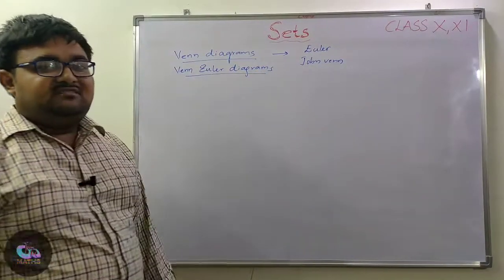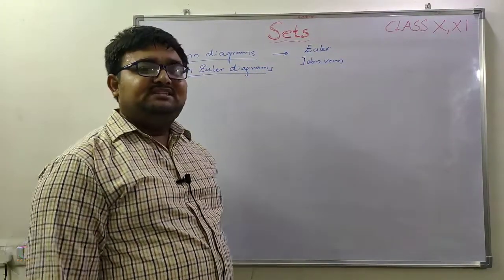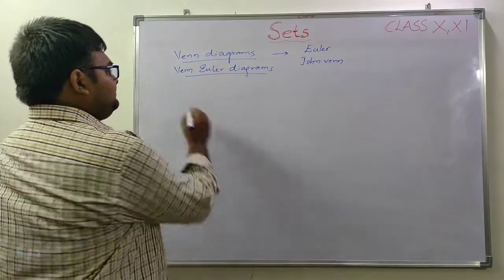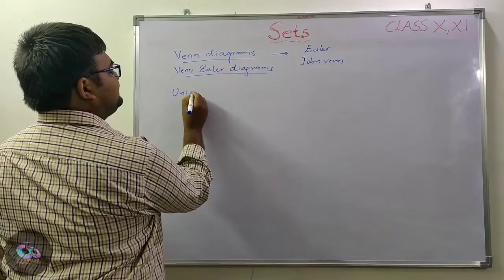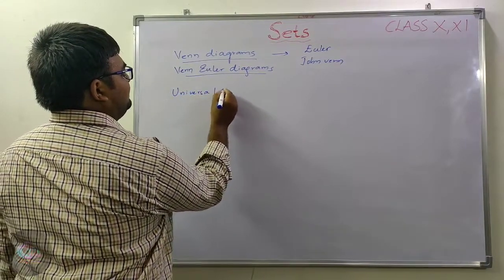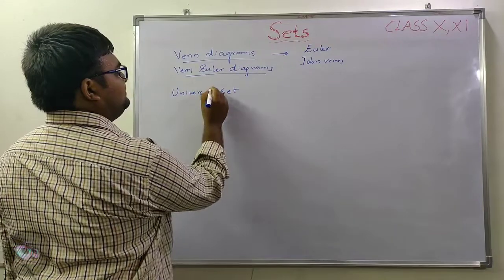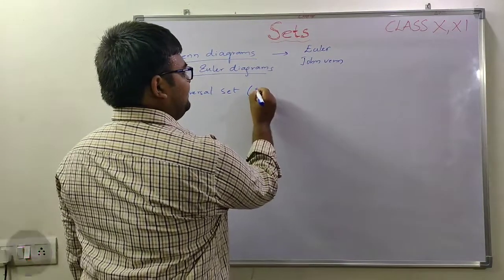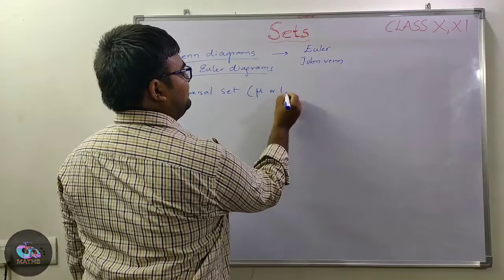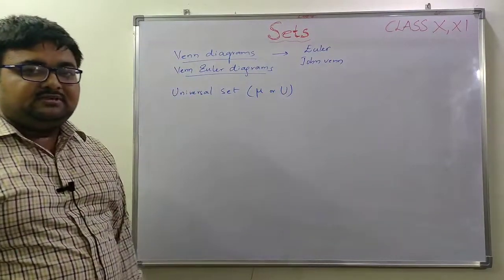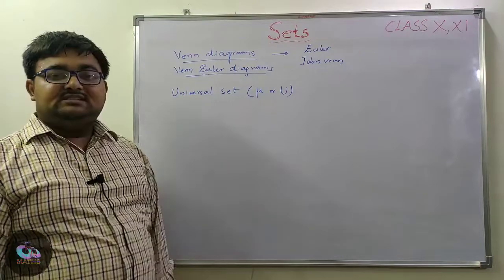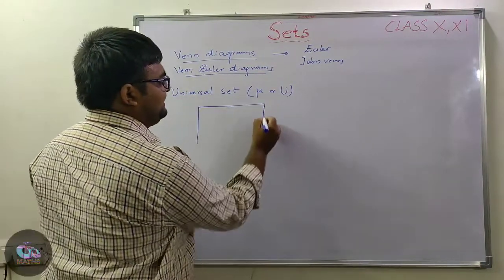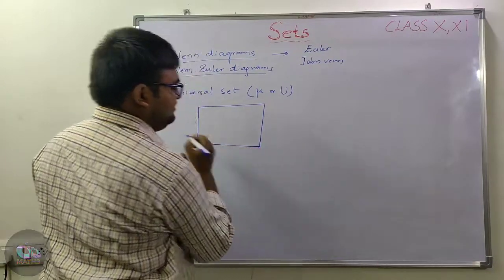In these Venn diagrams we need to know the basic representations. First we have the universal set, which we discussed in our previous session. The universal set is generally represented by the symbol mu or capital U, and in Venn diagrams it is represented as a rectangular box.